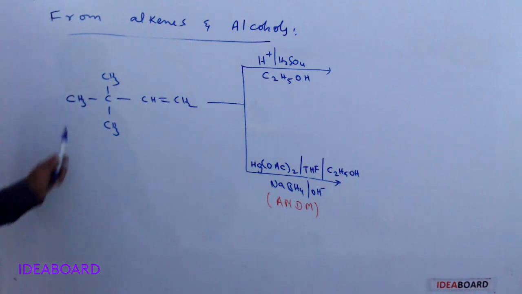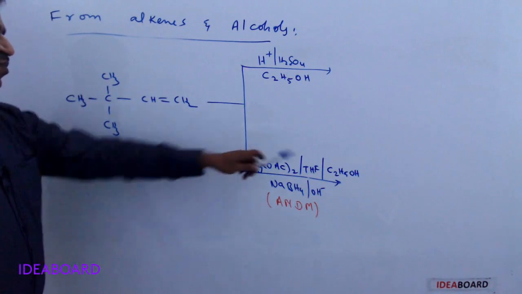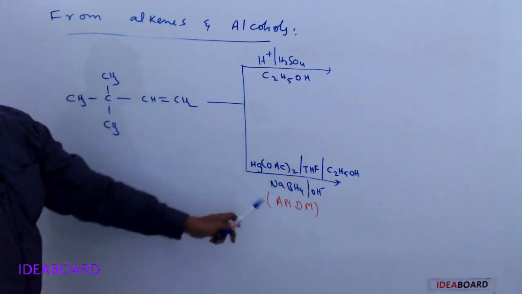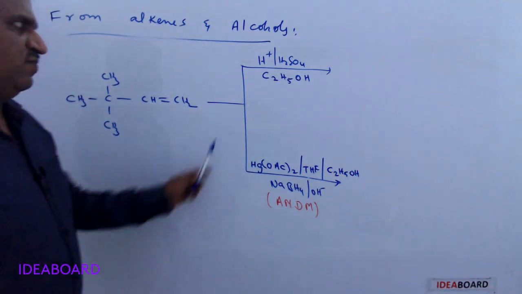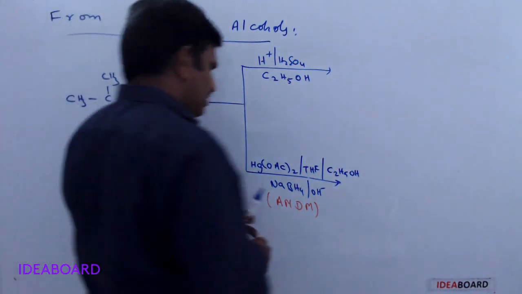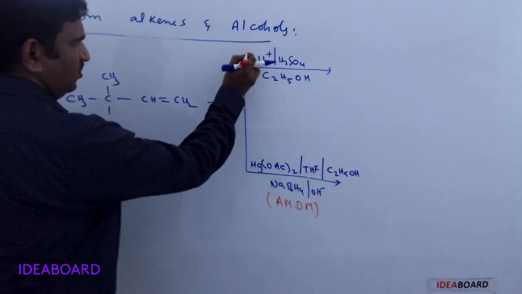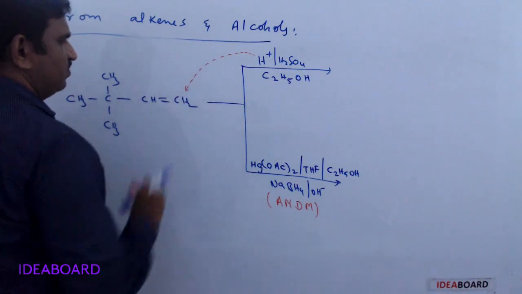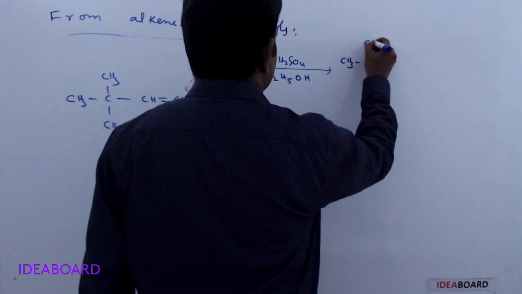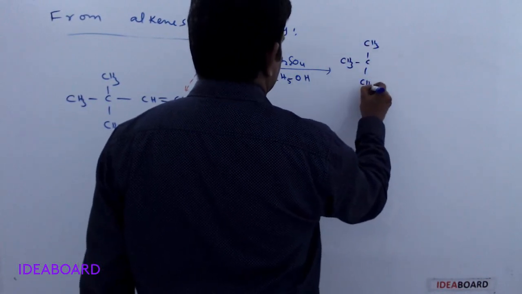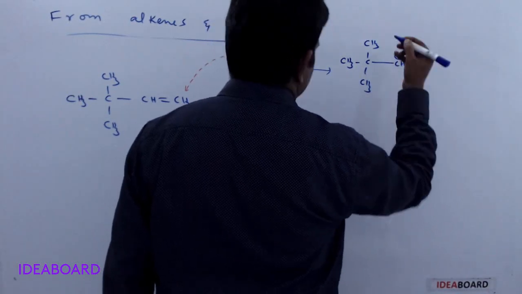Okay, and in this process, what is the first type of product and what is the second product if you are taking alkoxymercuration demercuration? We will see. In the first type, for example, if H plus is adding on this carbon, then we are getting a carbocation: CH3, CH3 and CH3, and here it is CH plus and this is CH3.